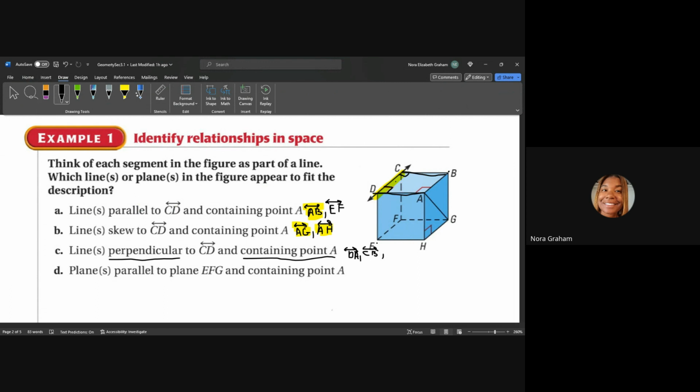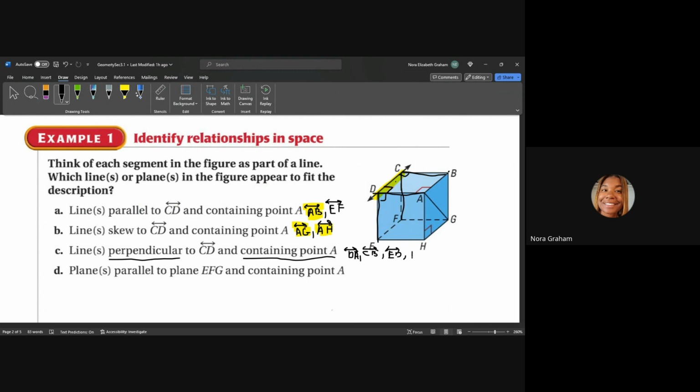I can also say that line ED will intersect this line as well, create a 90-degree box right there. So I can say ED. And then I can also safely say FC will intersect DC as well and create a perpendicular line.